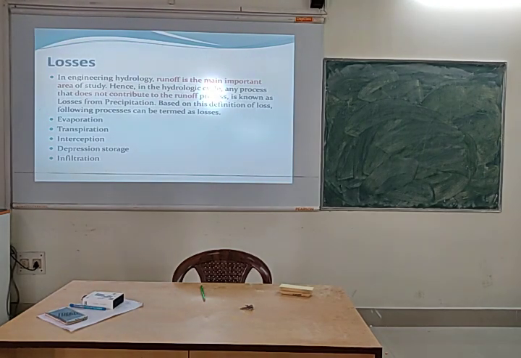So in engineering hydrology, runoff is the main important area of study. Hence any process in the hydrologic cycle that does not contribute to the runoff will be considered a loss, right? We have already seen what the losses can be. A major loss is evaporation. Next we have transpiration.